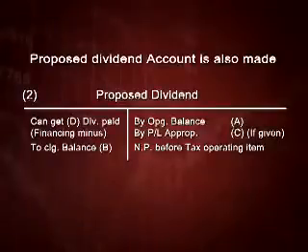Next, on the same line, proposed dividend account is also made. Let's see the format of proposed dividend. Opening balance, yes, on the credit side A part, closing balance on the debit side, that is B part. And if you are given by P&L appropriation, that is the profit appropriated for dividend on the credit side C part, then you can get D part, that is dividend paid on the debit side.